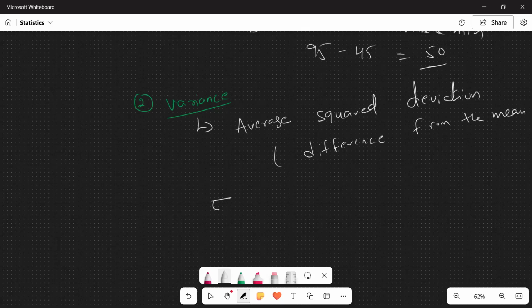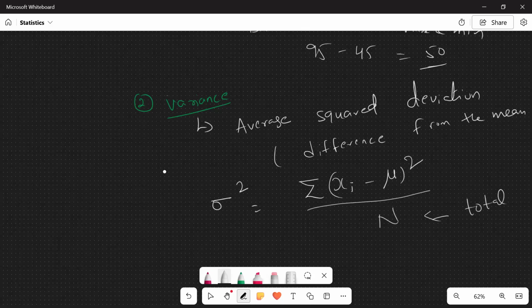In general, the formula for the variance is the sum of your data point minus the mean, squared, then averaged. Average means doing the sum and dividing by n, where n is the total number of data points.